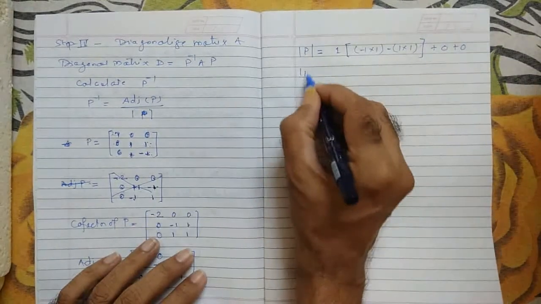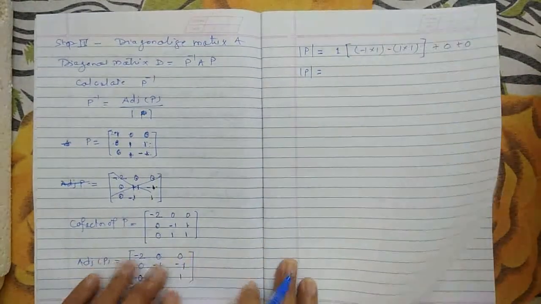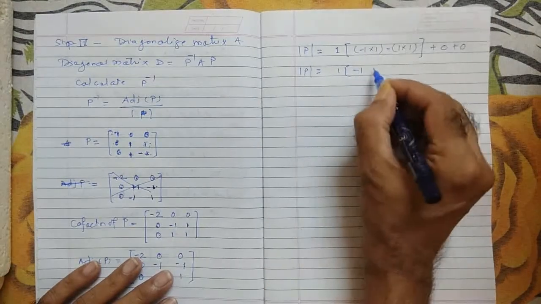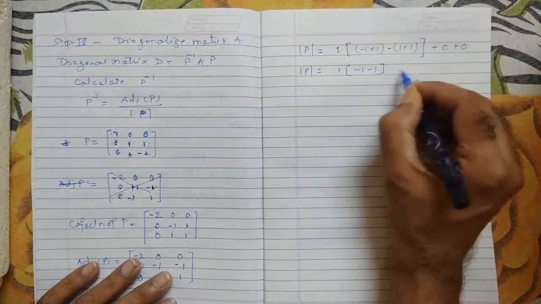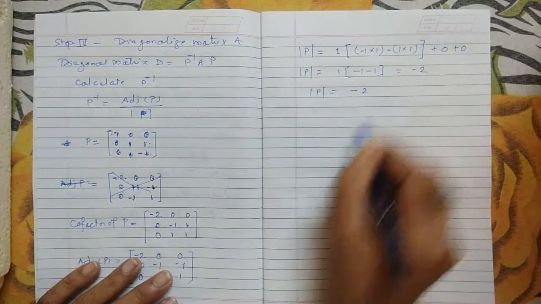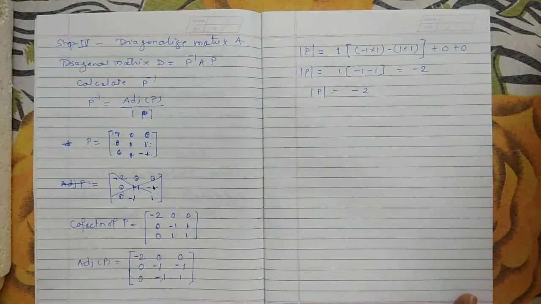So determinant of the P is 1 multiplied by -2, so it is equal to -2. So determinant of P is equal to -2.